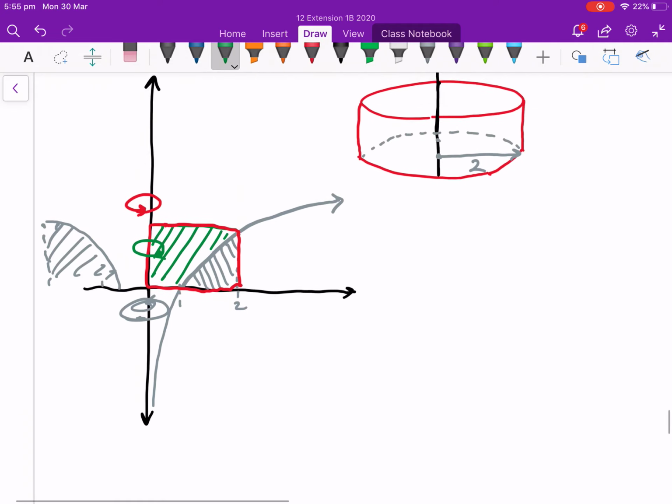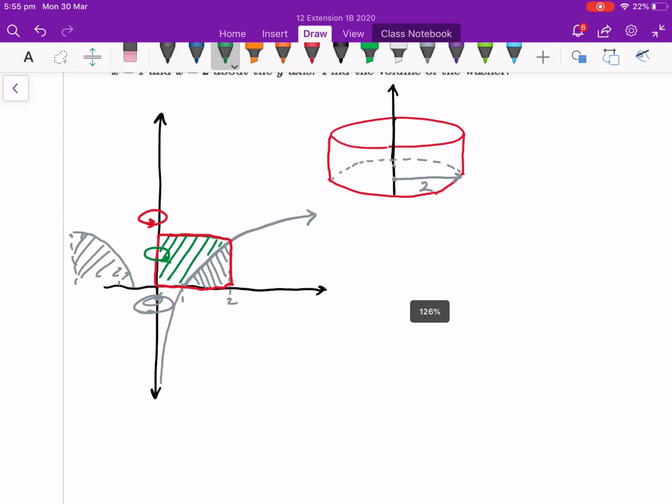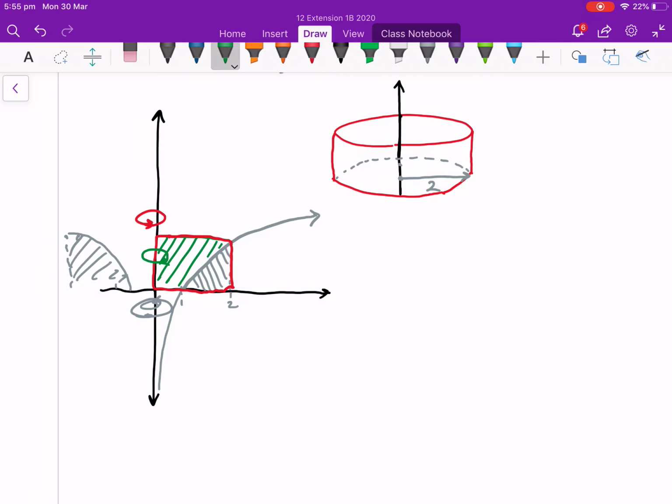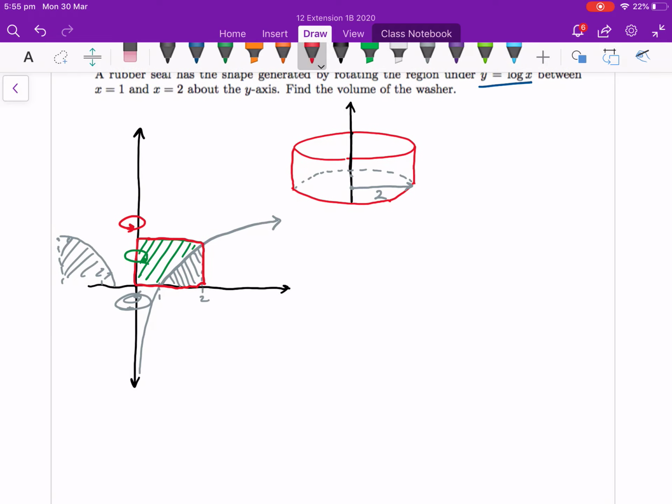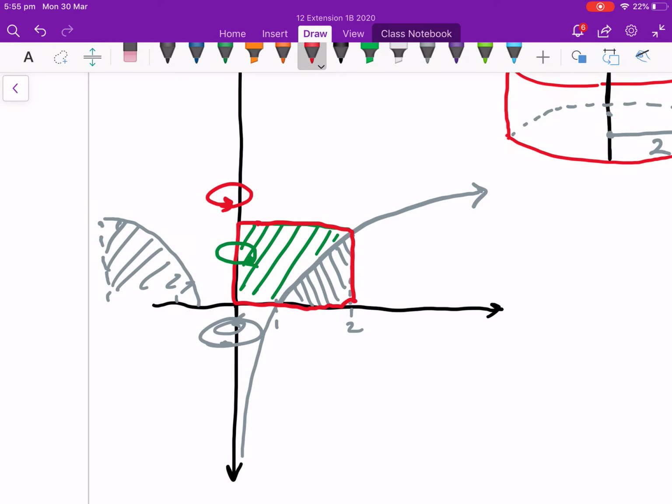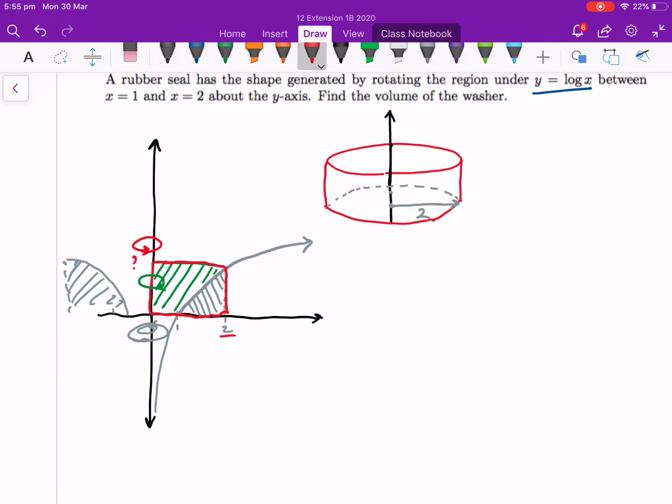So what we're actually going to do here is take the volume of the cylinder, and if we look at the formula for the volume of the cylinder here, the one value that we really need is the height. We need this value here. Well, that's just the y-coordinate when x equals 2. So given that this is the function y equals ln x, that means this value here is ln 2.